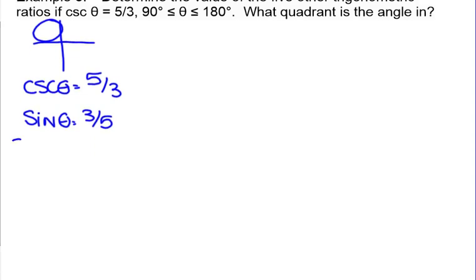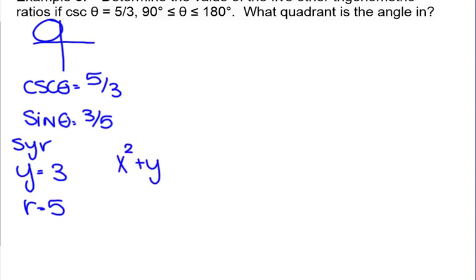Sine is SYR. So this tells us our y is equal to 3, our r is equal to 5. The way to figure out that other missing piece is basically our Pythagorean theorem, but using our radius. We've got x squared plus y squared is equal to r squared.